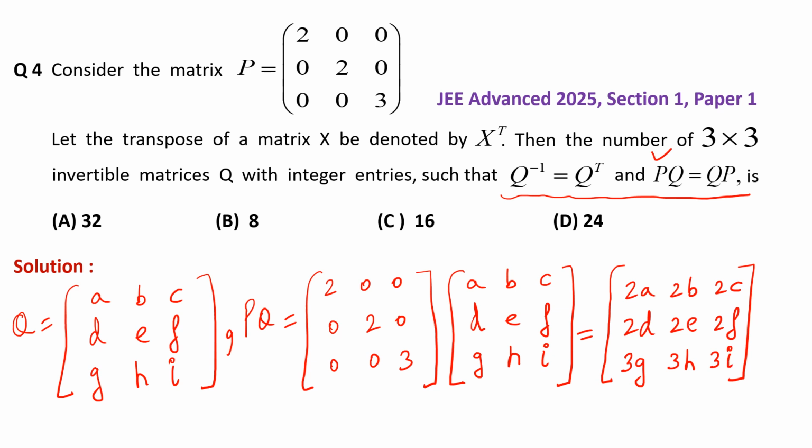Now students, we will find the product QP and put it equal to PQ, and then we will compare the corresponding elements of both the matrices, and from there we will get the values of some of these variables. Now let's move ahead. Now students, let's find the product QP.